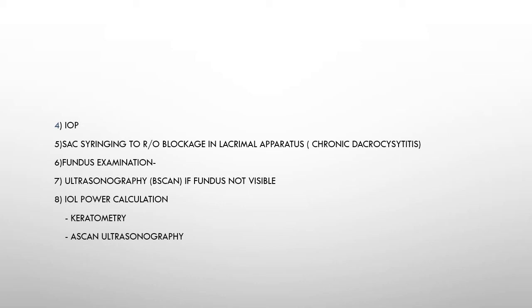Then next comes the IOL power calculation, which is very important for cataract surgery. In cataract surgery, we remove the cataractous crystalline lens, and in that place we put the artificial intraocular lens. So to calculate the proper or correct power of the intraocular lens, we need first keratometry, which is the measurement of the corneal curvature and corneal astigmatism, and then the A-scan ultrasonography, which measures the axial length of the eye.